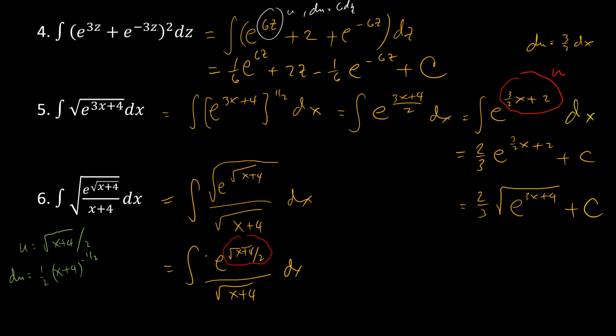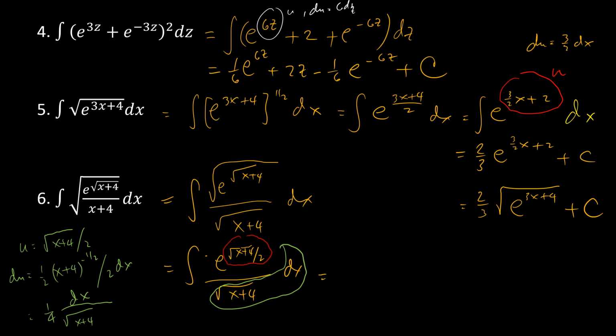Derivative of x plus 4 is 1, and then there is still 1/2 dx. So that will be 1/4 times 1 over the square root of x plus 4 dx. So we already have dx over the square root of x plus 4. It only lacks 1/4 to complete our du.